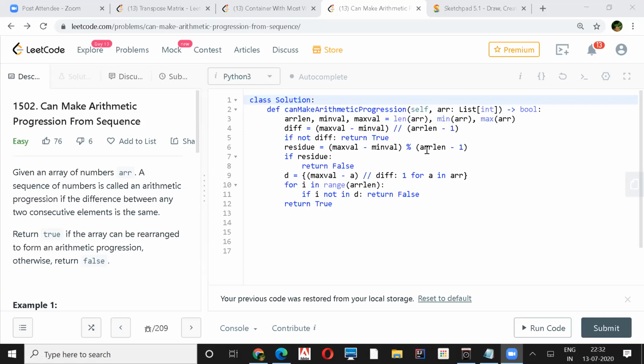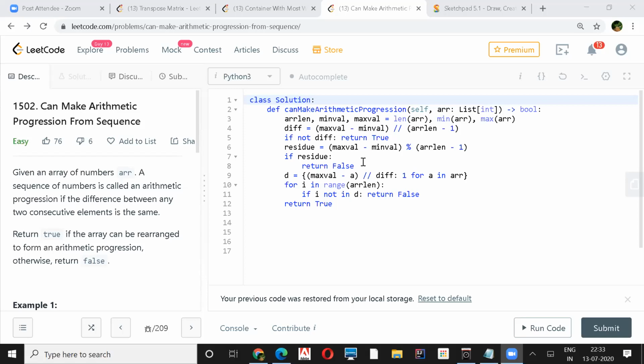Yeah, you're correct, you are checking the arithmetic progression itself, whether A plus D is there or not. But this is not exactly the pigeonhole principle, right? No, it's not. But when we went on discussing it, it was similar.